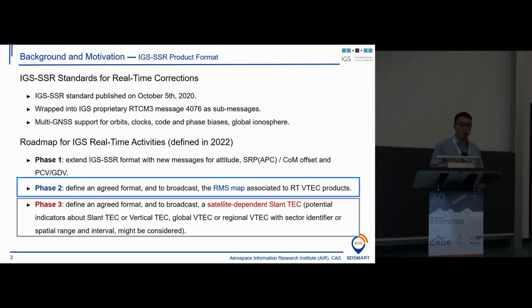Two years ago, in 2022, we made a roadmap for the continuity of the IGS real-time activity. For its phase 1, the IGS real-time working group would like to extend the IGS-SSR format with some new messages, especially for information about the attitude, satellite APC, ISB offset, as well as the PCV and GDV correction information.